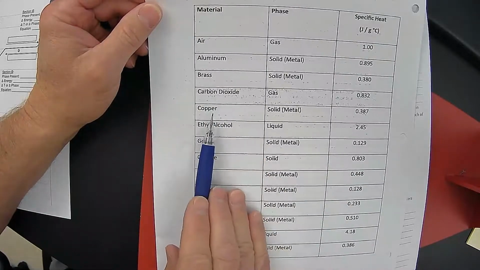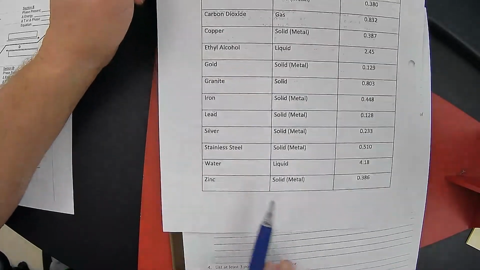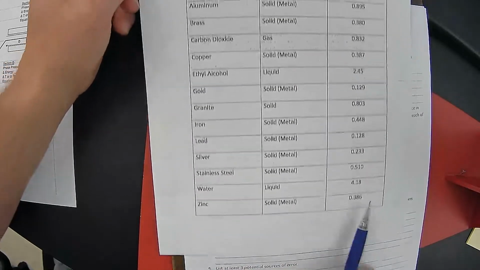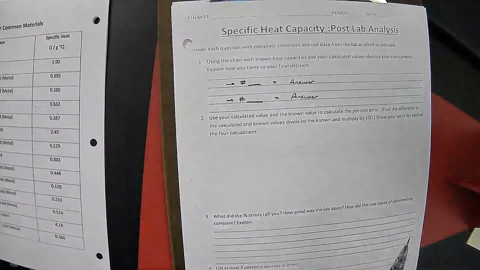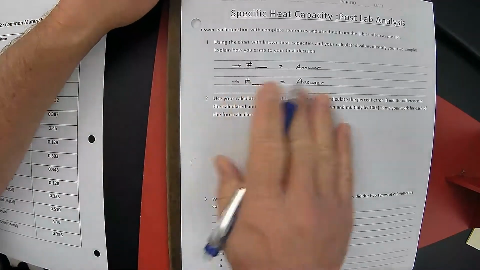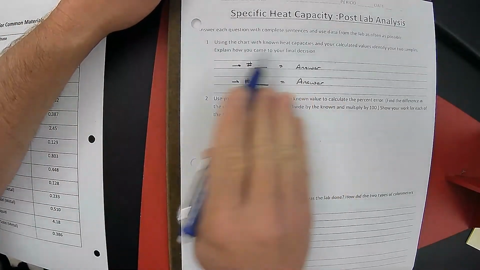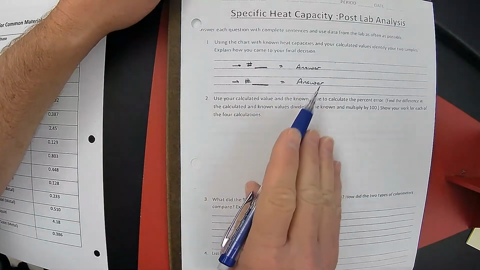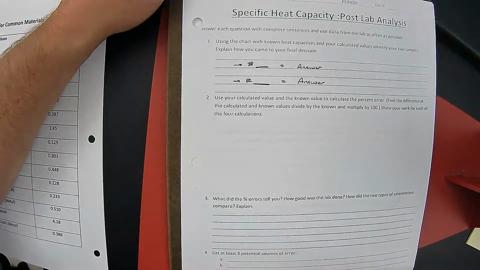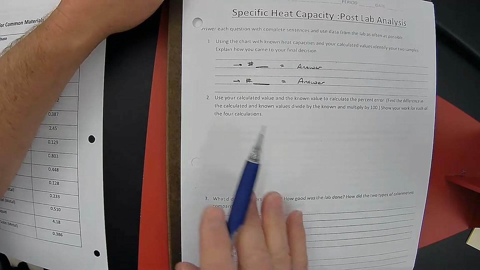Brass is more of a gold color, copper is more of a brownish color, and then zinc is more of a silver color. So you can use color as your secondary property in choosing your substance. This is very, very important to the lab, because I'm going to be specifically looking at that, making sure that you came up with the right substance in your calculations.